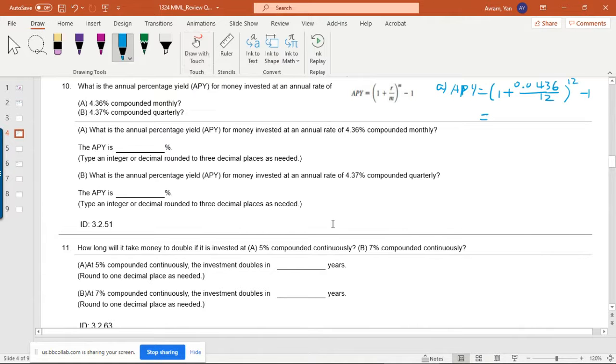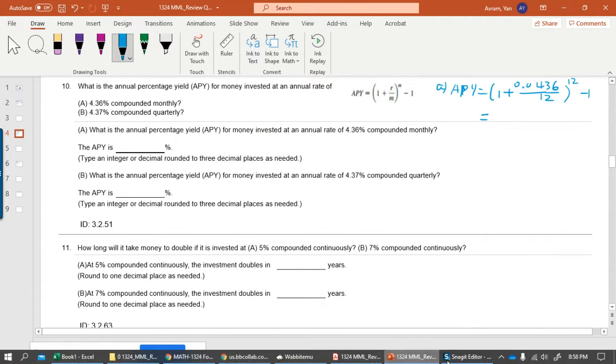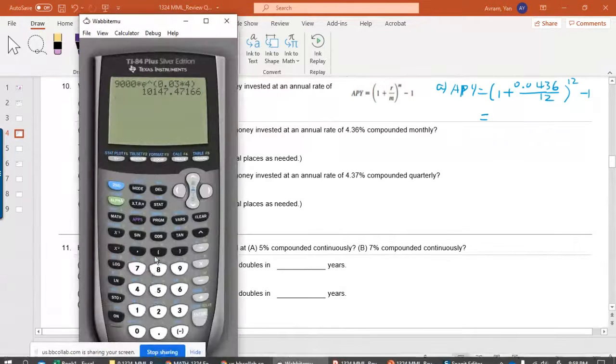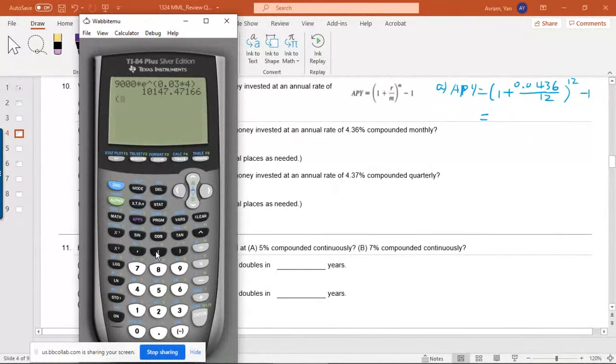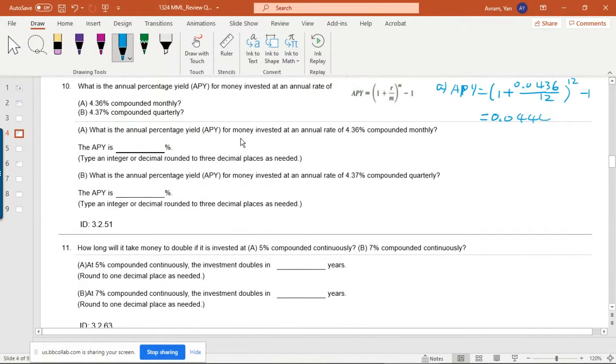So we're going to calculate this one to see how much that will be if you convert it into a standard one. All right, so we have 1 plus 0.0436 divided by 12, to the power of 12, and then we minus 1. Okay, so we have 0.0448. Okay, so that's my APY.